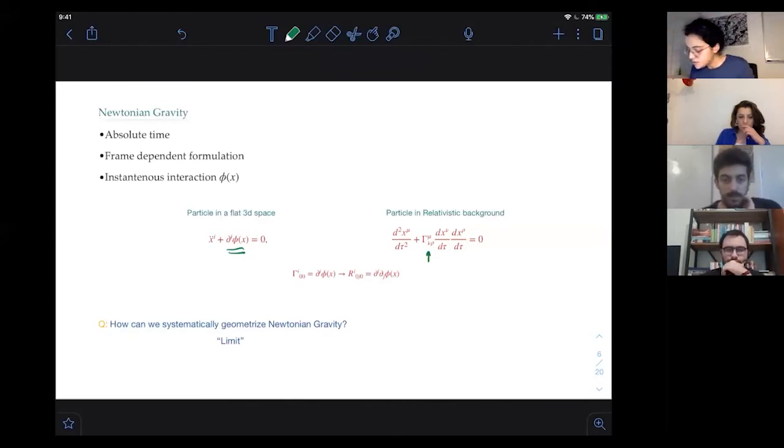If you just stare at these two equations a bit, you can immediately ask, can I associate the connection with the Newtonian potential? Once you do that, you already start to geometrize gravity, Newtonian gravity. And even further, you can ask what the remaining tensor corresponding to that connection is.